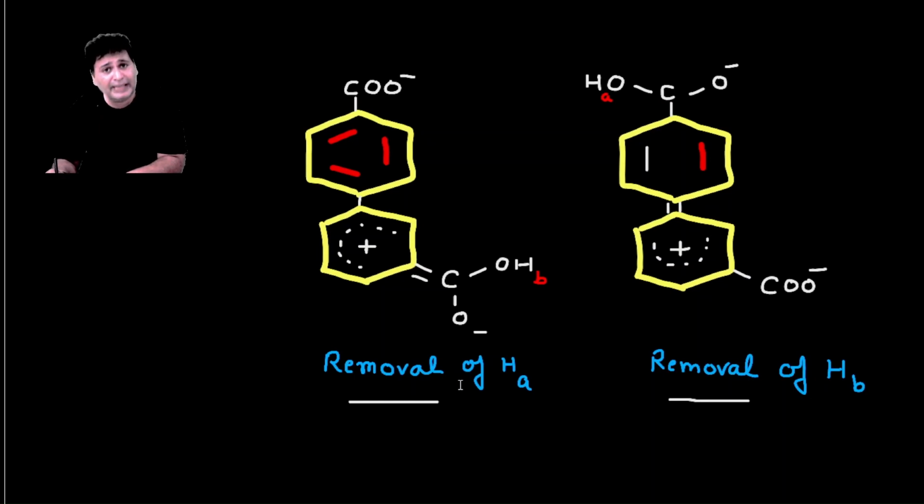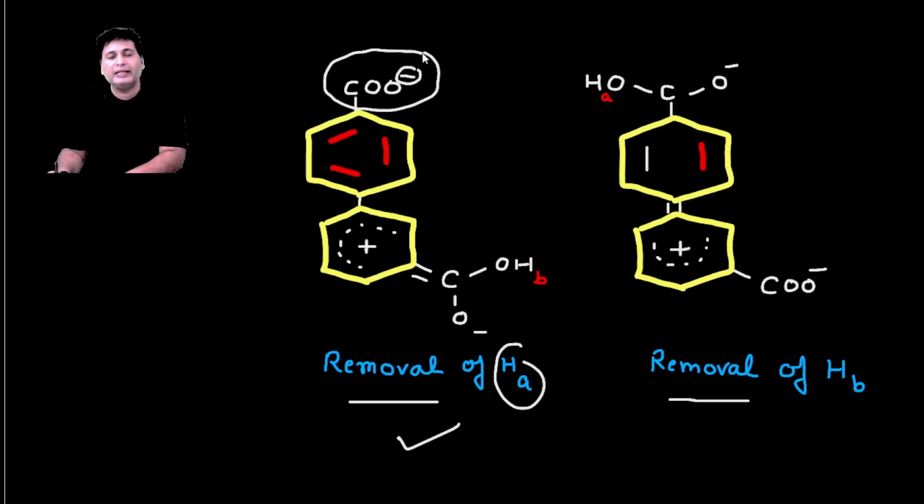You can see that on the left-hand side I have removed hydrogen number A and a carboxylate forms. This is a seat of negative charge, a location where negative charge is there, and you should take care of this negative charge by pulling it, by delocalizing it.